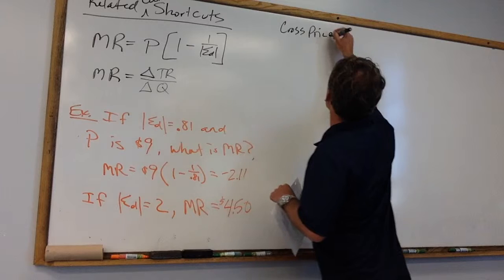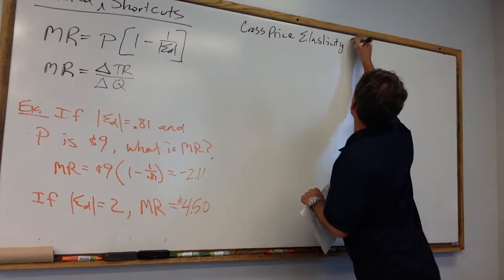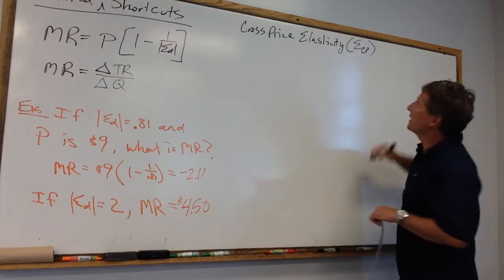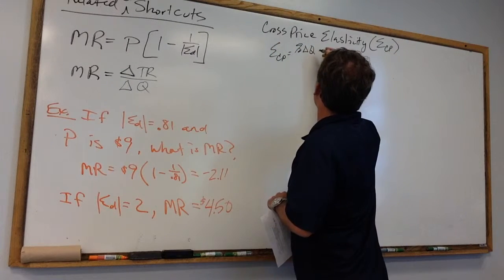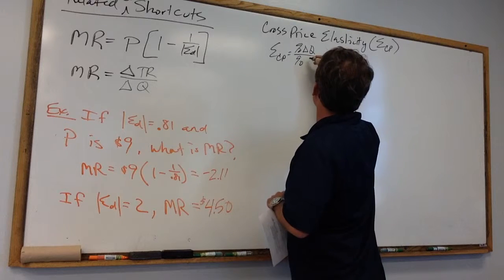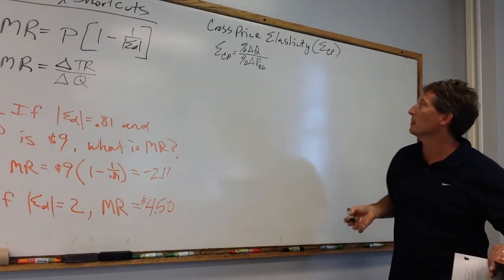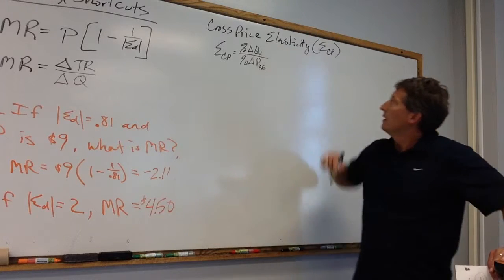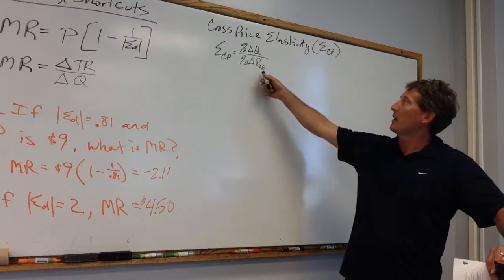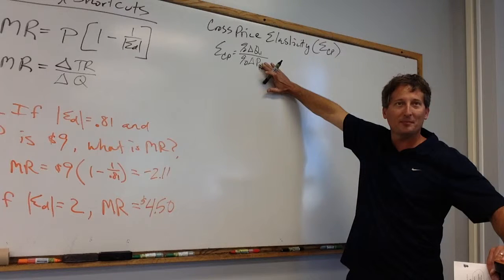So cross price elasticity, which I'll just use the shorthand notation here of sigma with a CP, is equal to the percentage change in quantity sold divided by the percentage change in the price of a related good. Let's just put RG subscript. So the percentage change in quantity that comes about from a related good changing. Again, if I eliminate this RG, whoop, price elasticity, cross price elasticity, right?